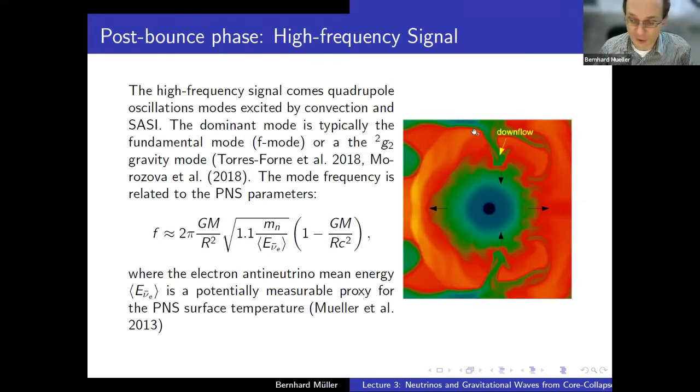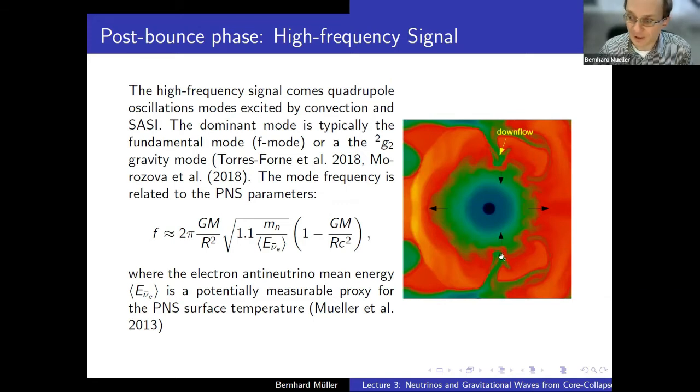What happens is that if you have downflows impinging onto the neutron star surface, the surface is convectively stable, so it will resist the overshooting plumes. And it will ring, as it were, like a bell that you strike.